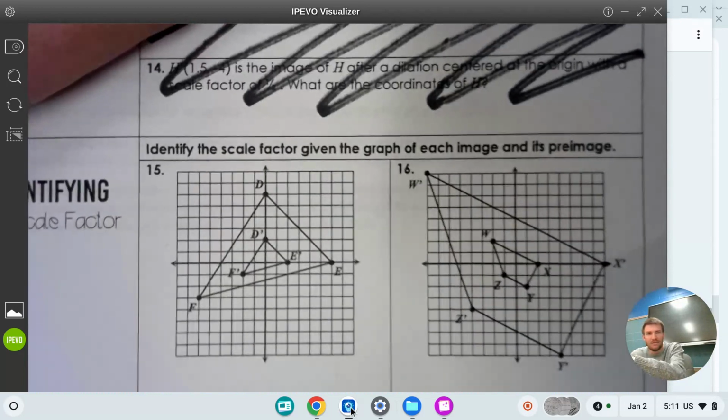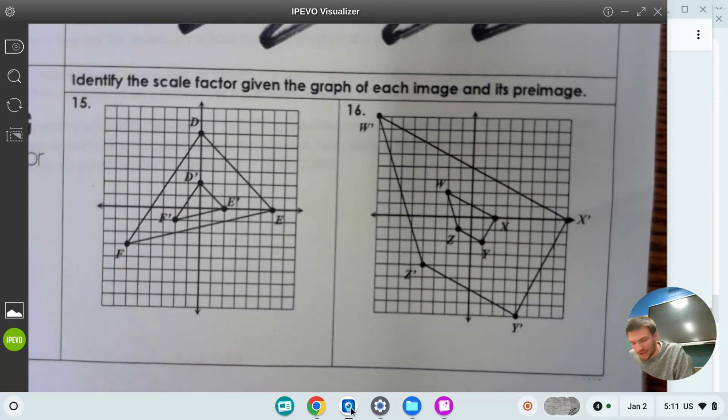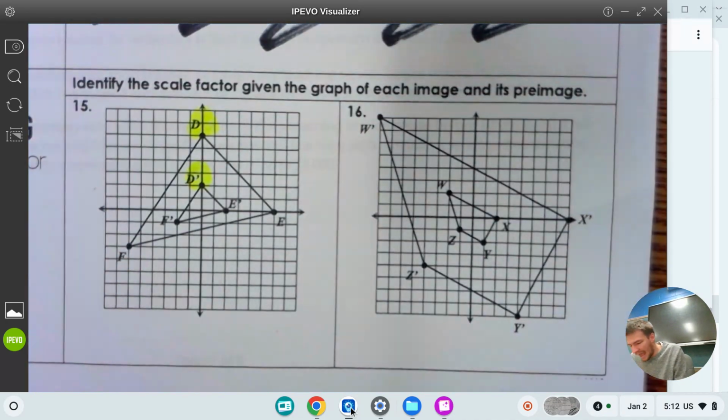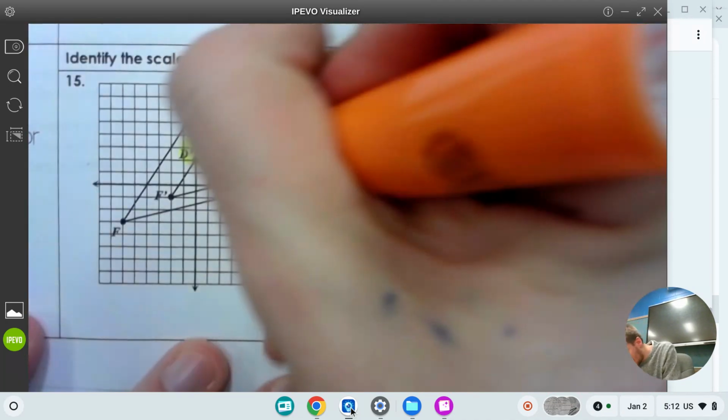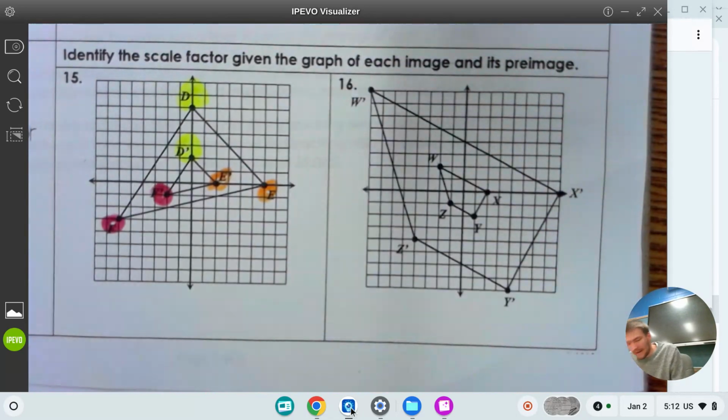Last thing here. Determine the scale factor. Okay, determining the scale factor shouldn't be all that hard. Remember, it has to grow evenly. All of them have to grow evenly, which means we don't need to check D and E and F. They're all the same.